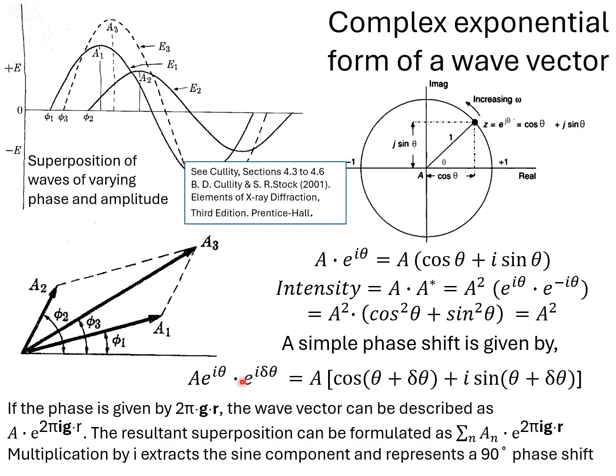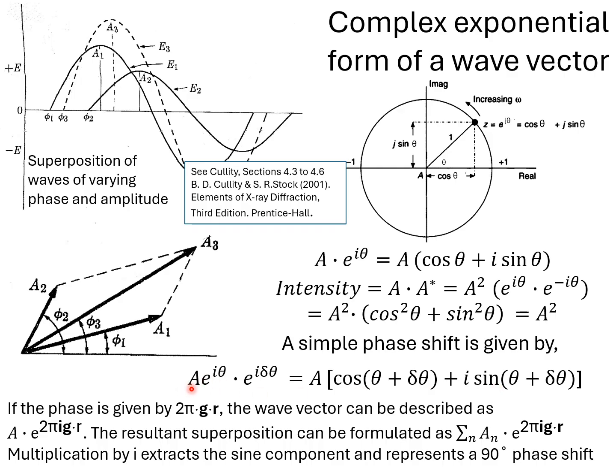Another feature which comes into play when considering diffraction, dynamical diffraction theory, is that the A, your multiplier, your amplitude, itself can be a complex number. When it's a complex number, the parts that are complex actually end up multiplying by the sine, extracting the sine component.